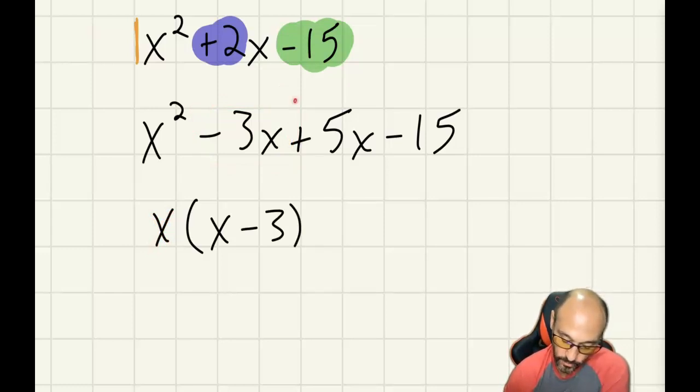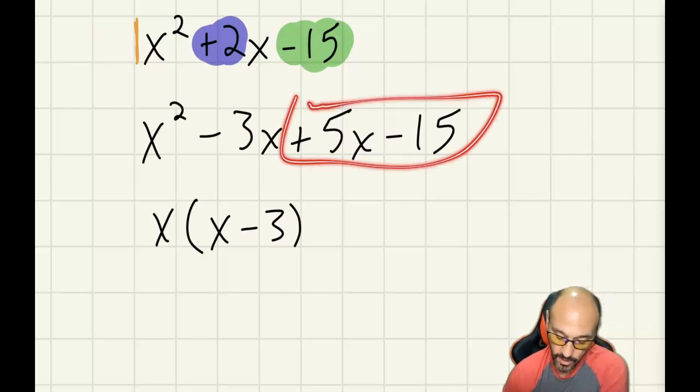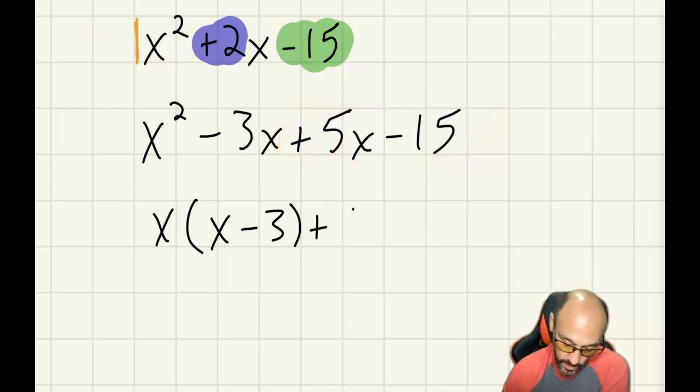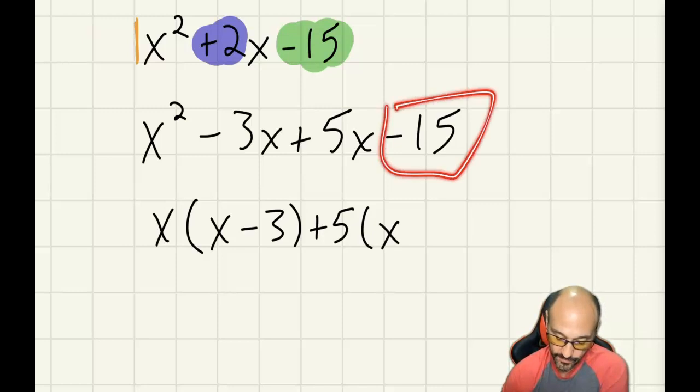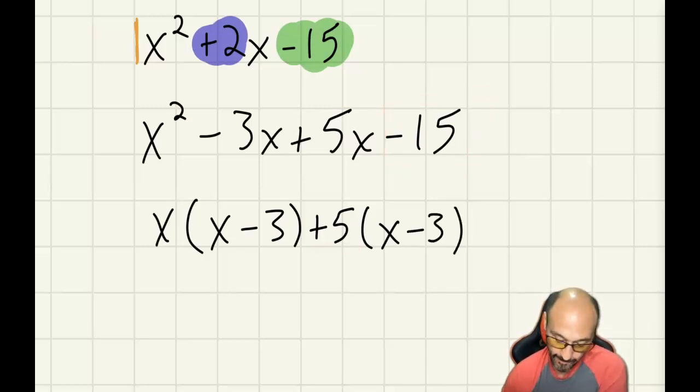Now, I have to do the same thing here, but what I can factor out here is a positive 5. So 5x divided by 5 is x, and negative 15 divided by 5 is negative 3.